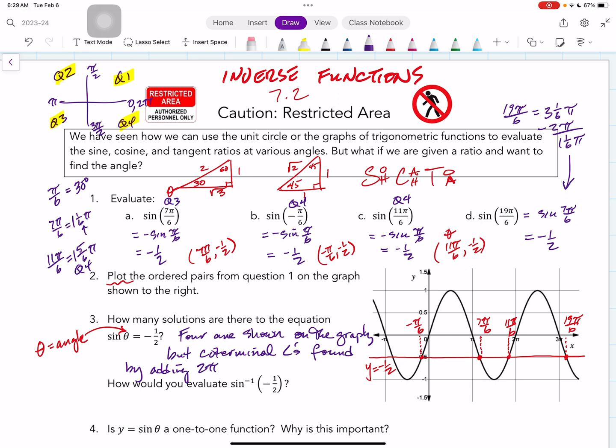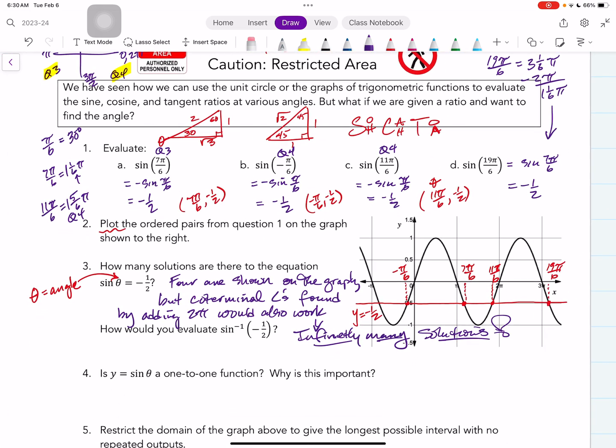If you add 2π to any of these angles, you get a coterminal angle with the same value of negative 1/2. That implies there are infinitely many, so my final response is that there are infinitely many solutions. These trig functions can have infinitely many solutions unless we restrict the domain or something.